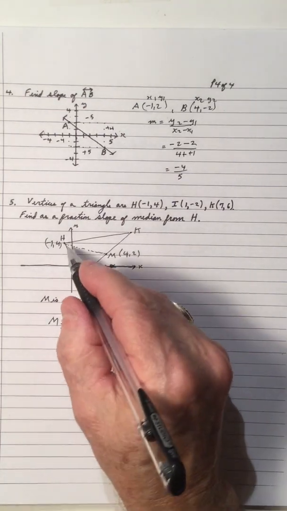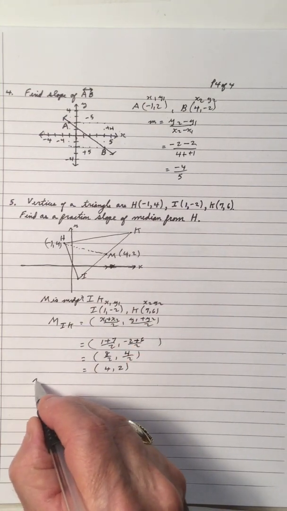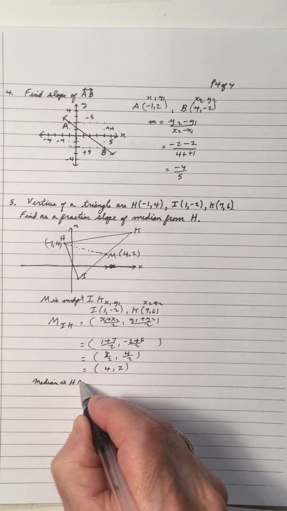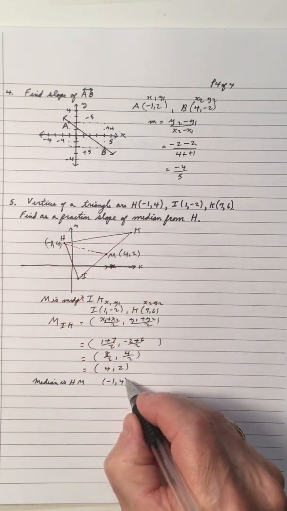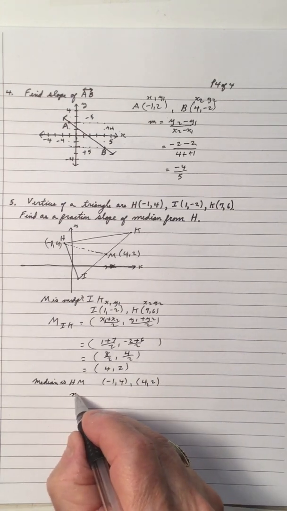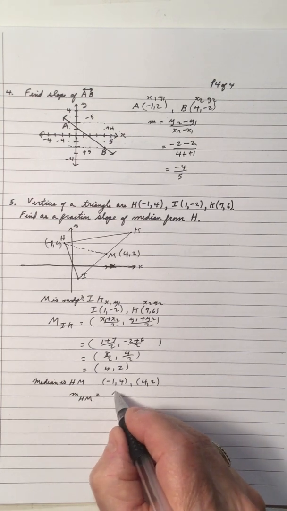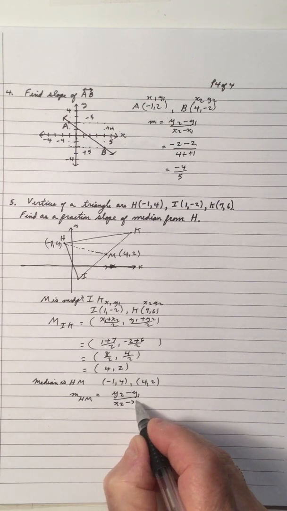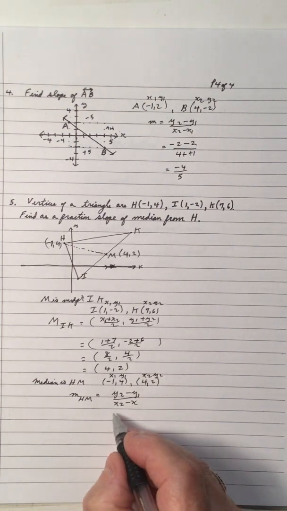So we'll get the slope of the line, which is the median from H. So the median is HM. It's negative 1, 4, and 4, 2. We want to find the slope of HM, and the slope is y2 minus y1 over x2 minus x1. This is x1, y1, x2, y2.